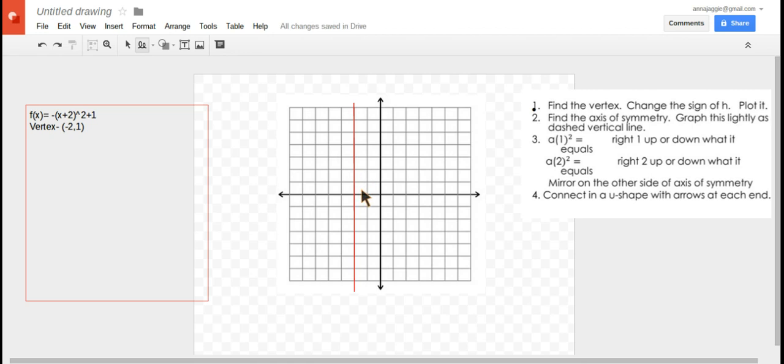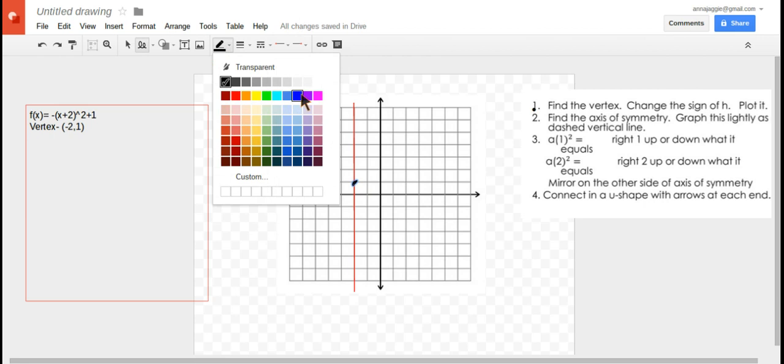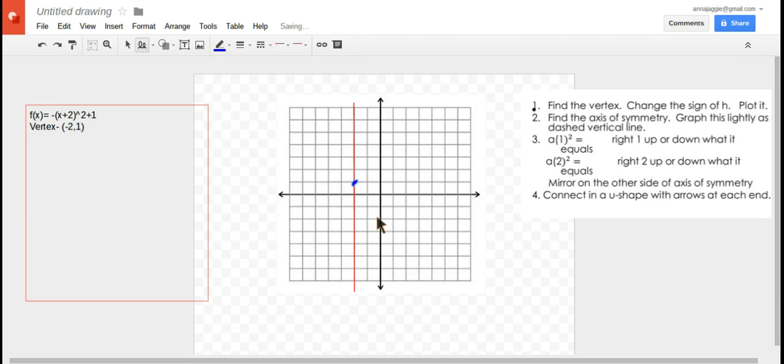So it's -2, so go over 2, up 1. Right around here. And then blue, because why not?